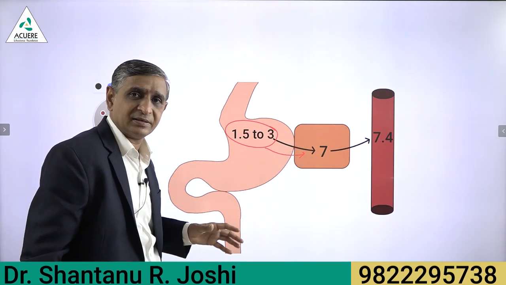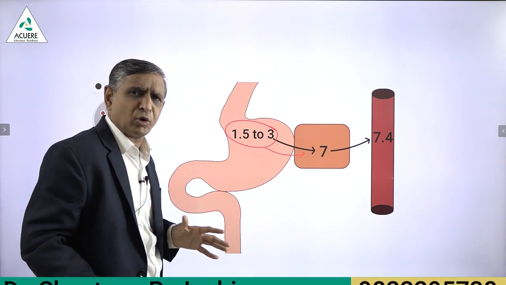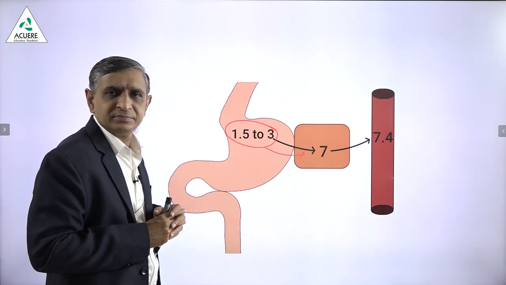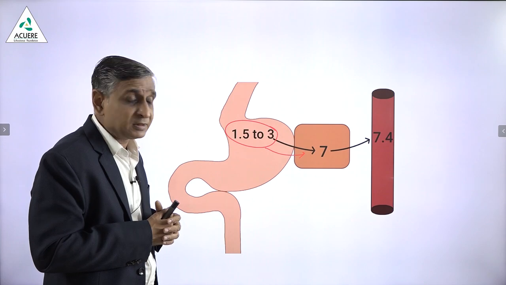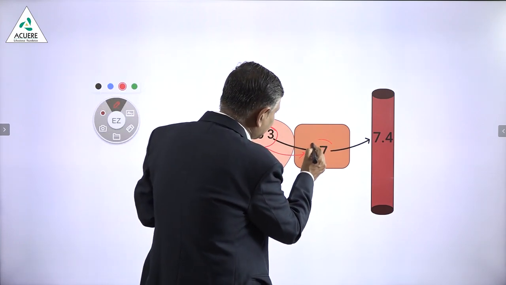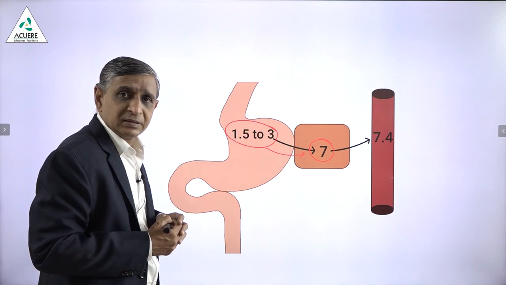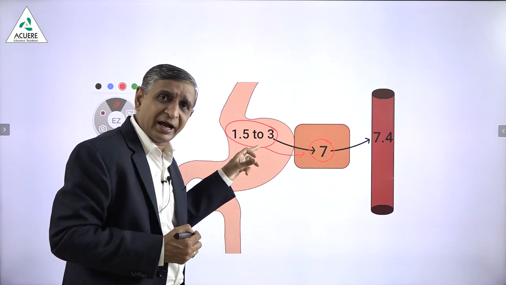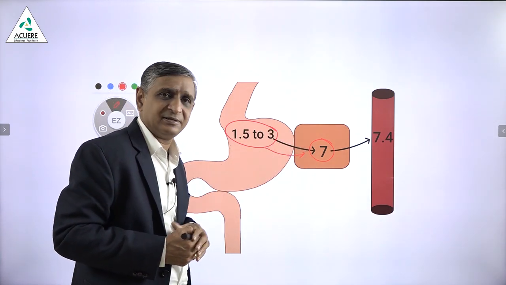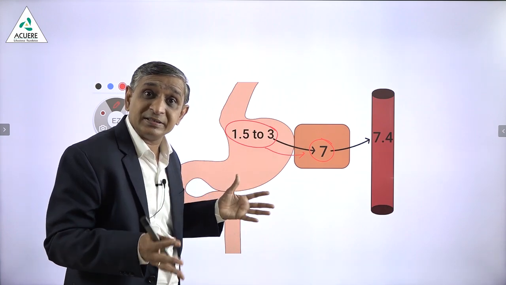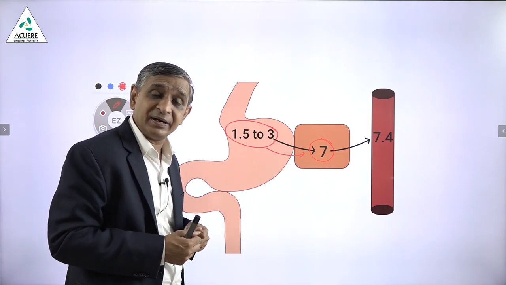This is the mucosal cell. It will pass to the mucosal cell very easily because it is in lipid soluble form. But the pH of the stomach cell is 7. It's neutral. And that's why when the highly unionized aspirin enters the cell, it will become ionized because it is an alkaline medium.